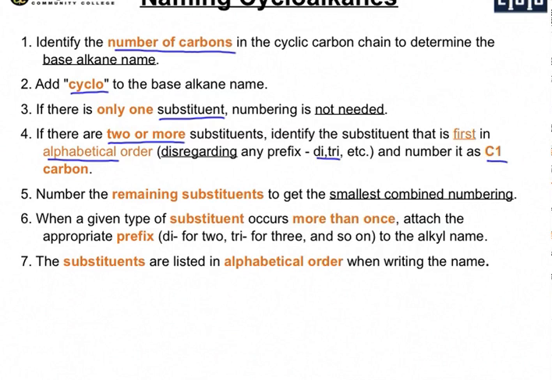I'll show you that in the next example. So that will help you when you have two or more substituents. That helps you identify which is your C1 carbon.